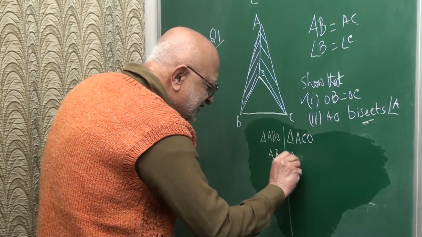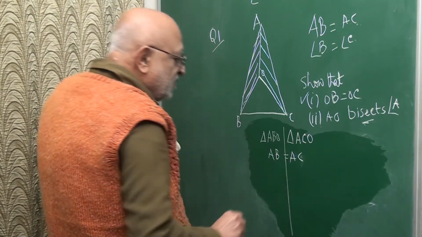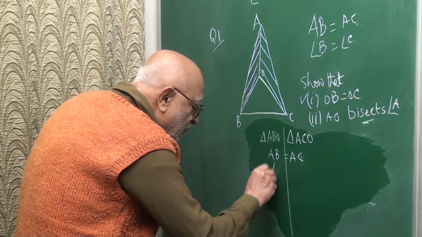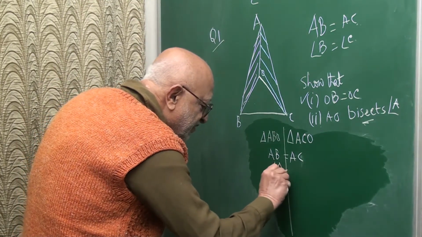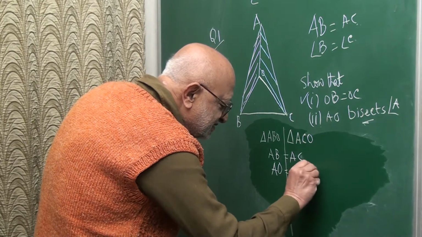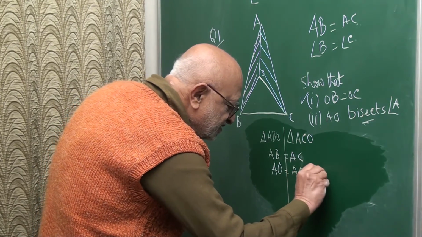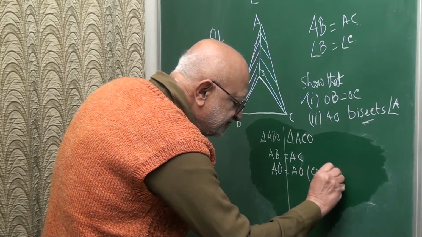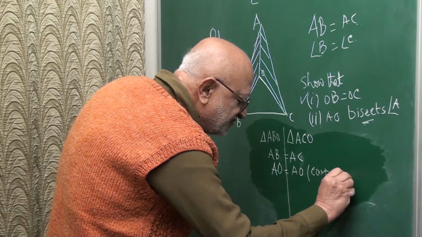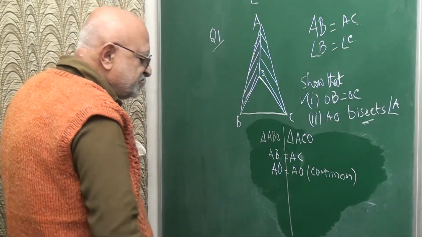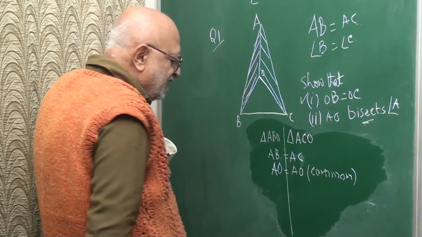AO is common, AO equal to AO. There is some friction on the chalk, so you cannot write very fast here.